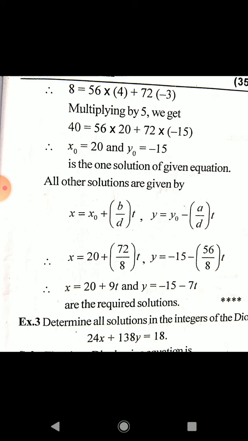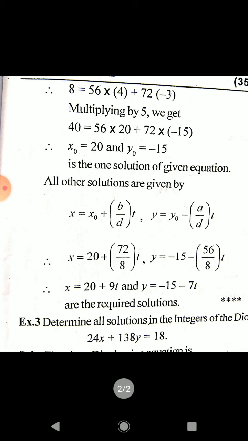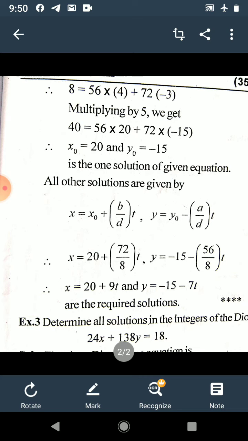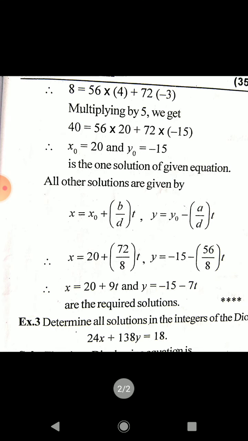Similarly, y0 is minus 15, substitute here, and a is 56 and d is 8. Therefore, this will become y is equal to minus 15 minus 56 upon 8 into t.